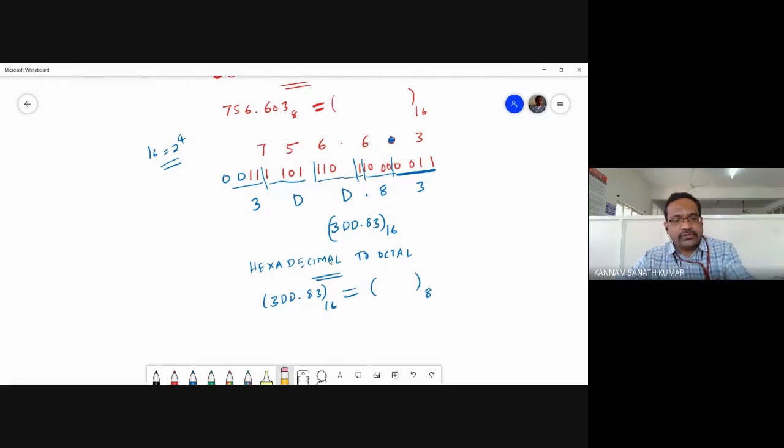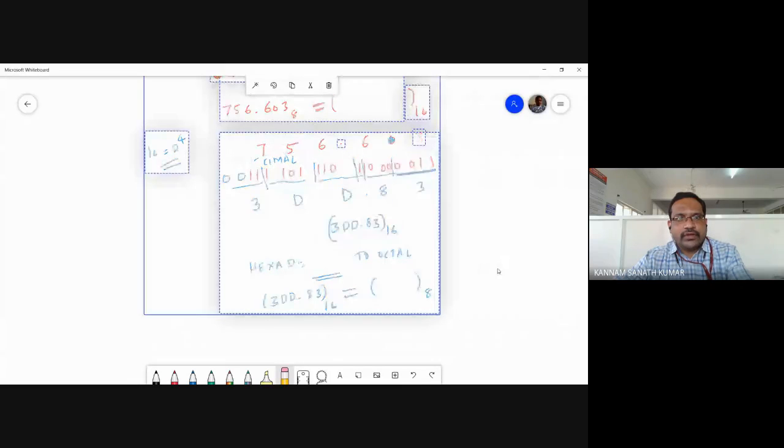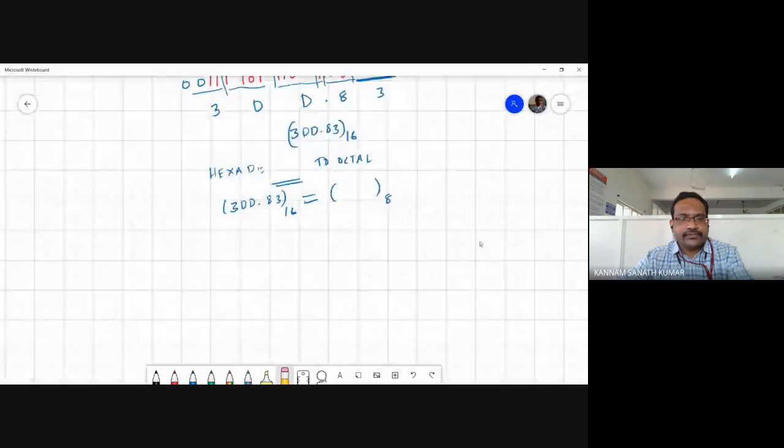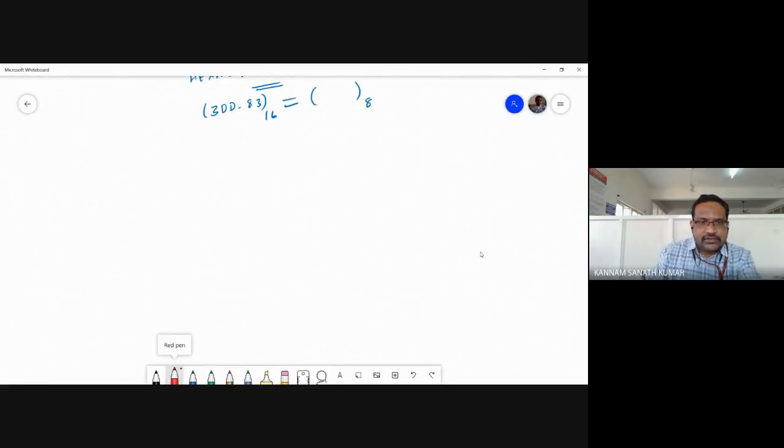Okay, I will take the same example: 756.603 to the base 8. You need to convert into hexadecimal. So directly you can't convert.